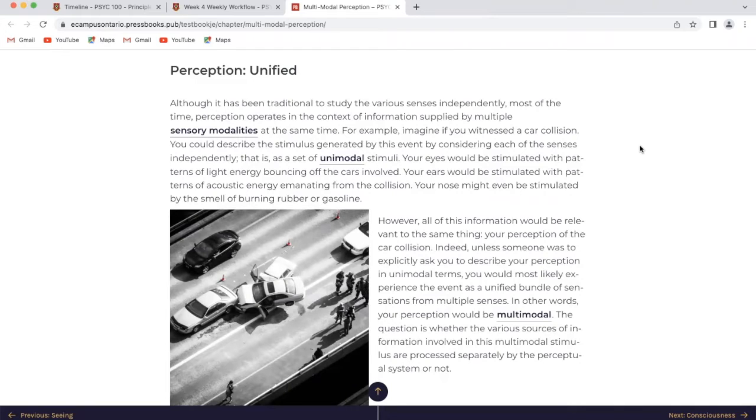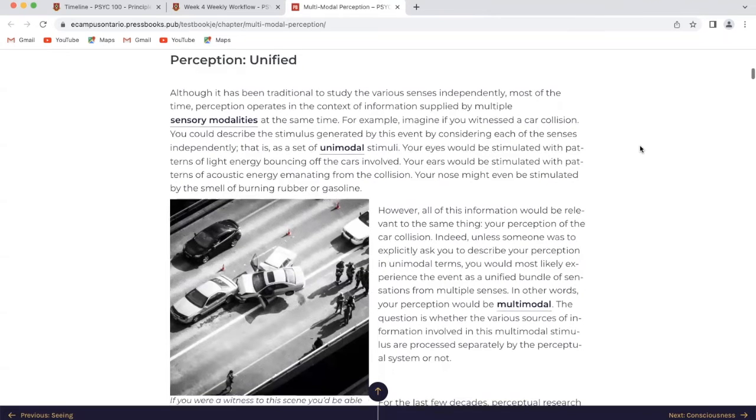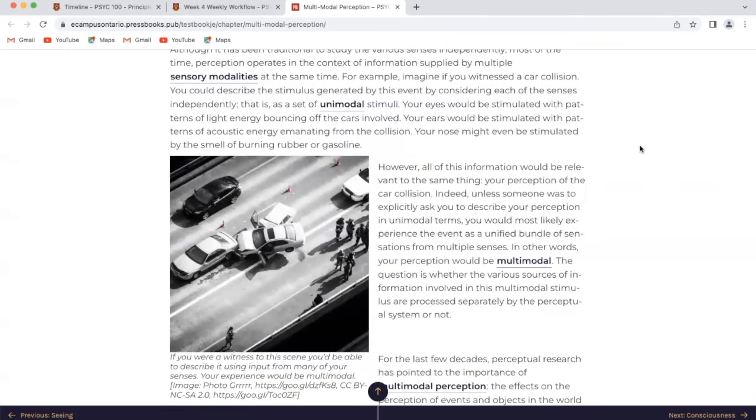You could describe the stimulus generated by this event by considering each of the senses independently, that is, as unimodal stimuli. Your eyes would be stimulated with patterns of light energy bouncing off the cars involved. Your ears would be stimulated with patterns of acoustic energy emanating from the collision. Your nose might even be stimulated by the smell of burning rubber or gasoline.